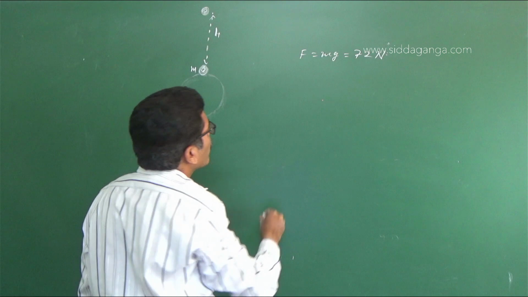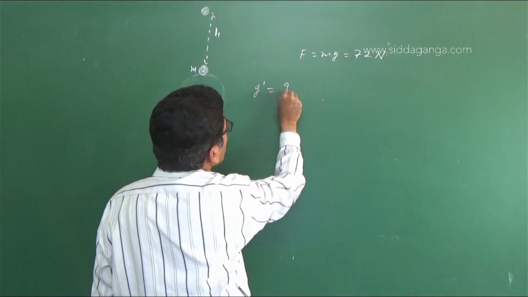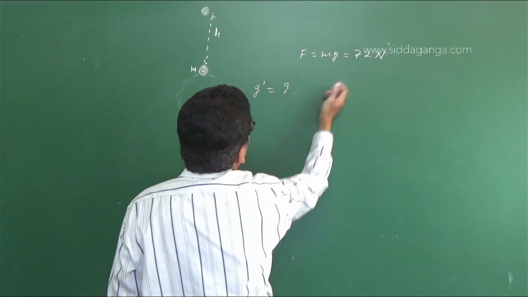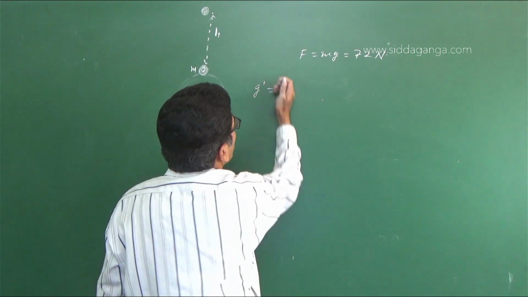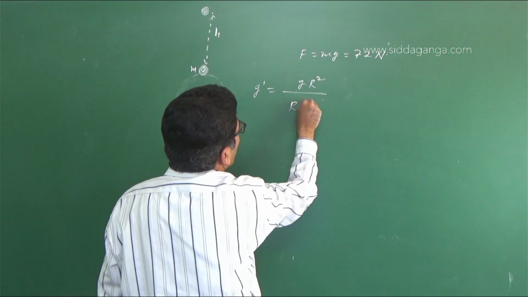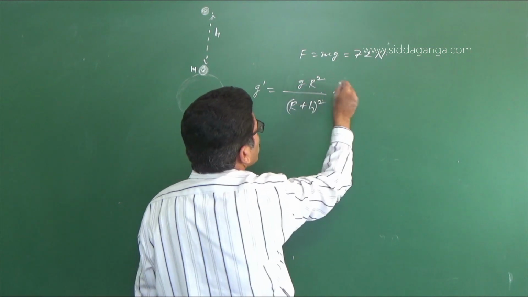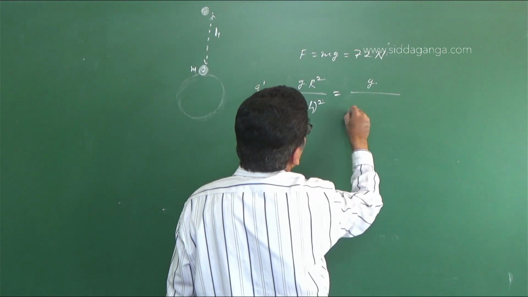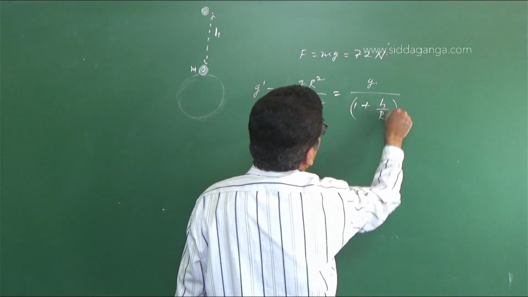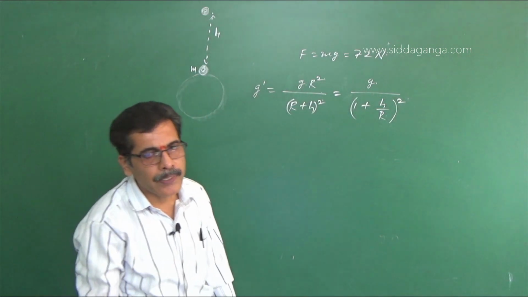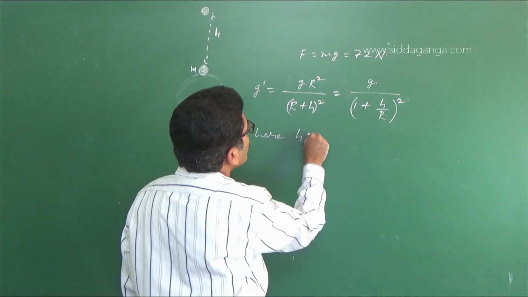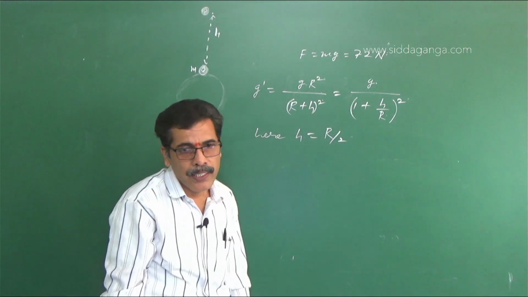Then what is the acceleration due to gravity? g dash is equal to g divided by, say, GM by R square over R plus h whole square. This can be written as g divided by 1 plus h by R whole square. It can be simplified like this. They have given h is equal to half of the radius of the earth.